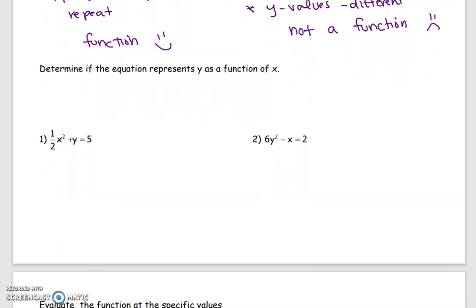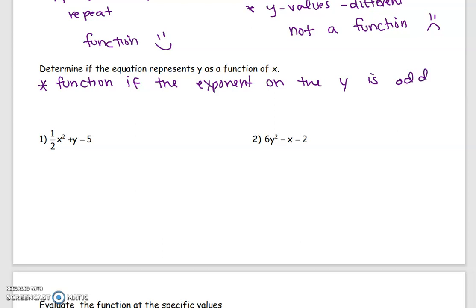All right, so let's take a look now, determining if an equation represents a function. It is a function if the exponent on the y is odd.